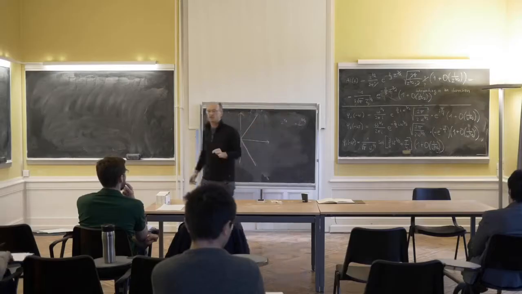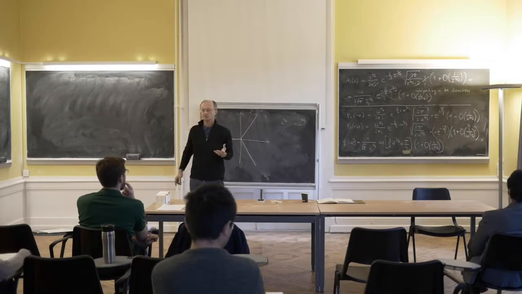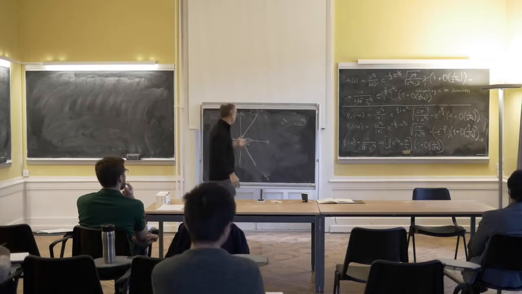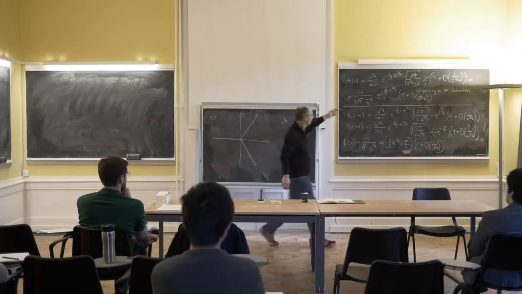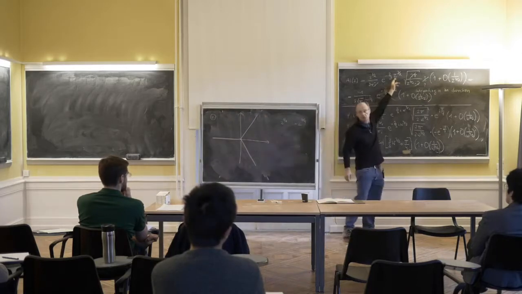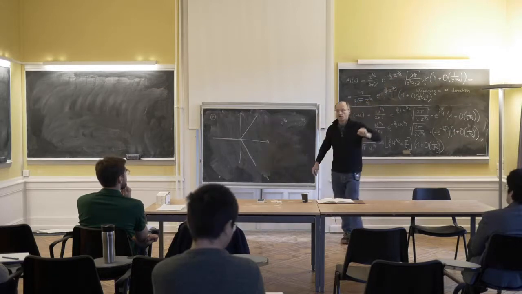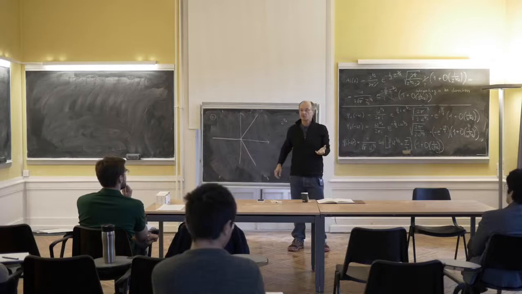Now, the naive intuition would be that as we go around the complex plane, as we change the direction, we should analytically continue that asymptotics. However, it turns out that this is not true.